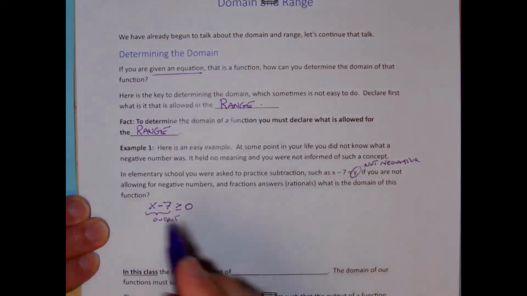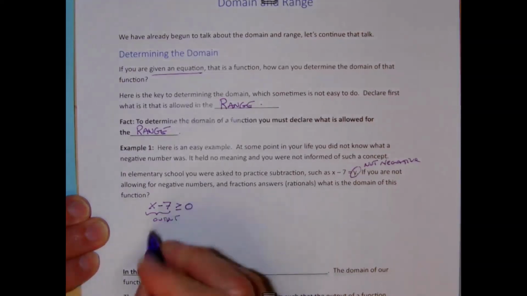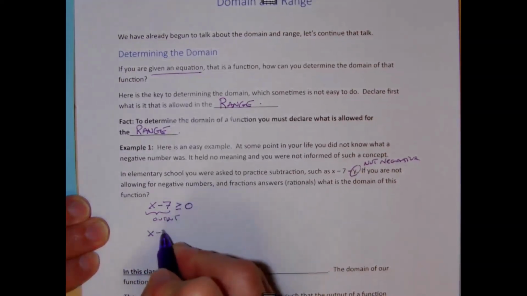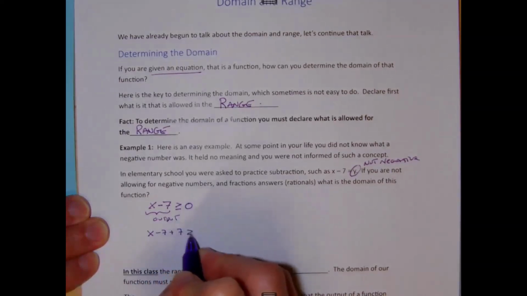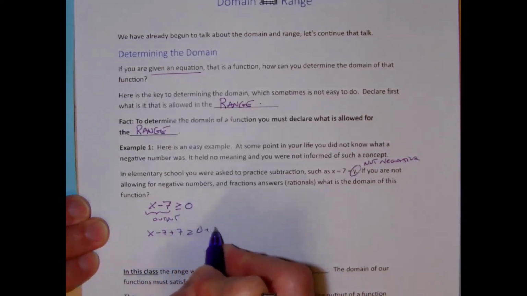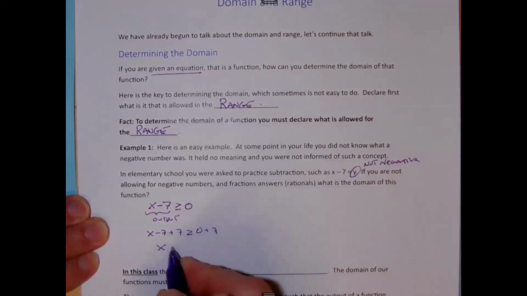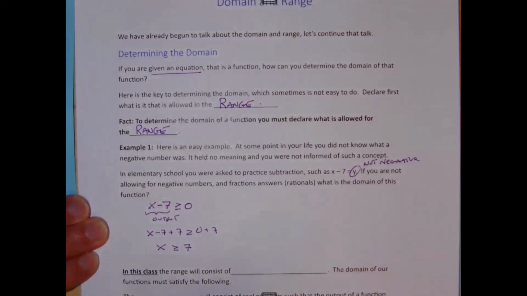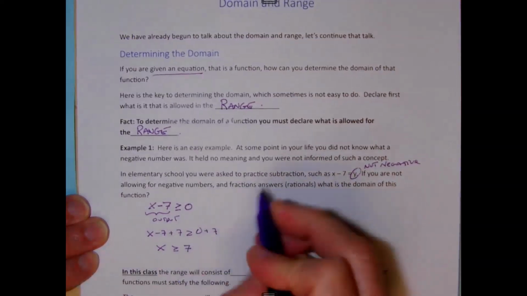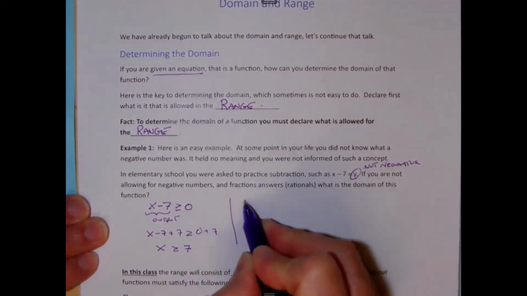Now, if that's the case, when I solve for this, I get that my unknown has to be greater than or equal to 7. Furthermore, since we're not allowing fractions, we're going to say the following. What is the domain?